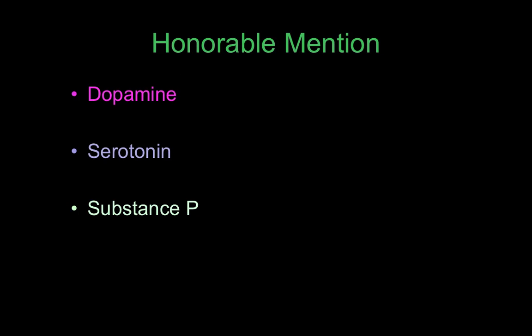For instance, dopamine. We're going to be covering dopamine in the next set of lectures coming up, where we look at Parkinson's disease, as well as the role of dopamine in schizophrenia.